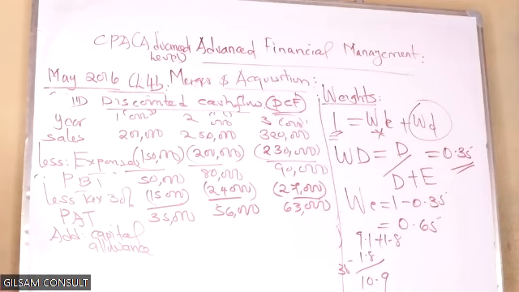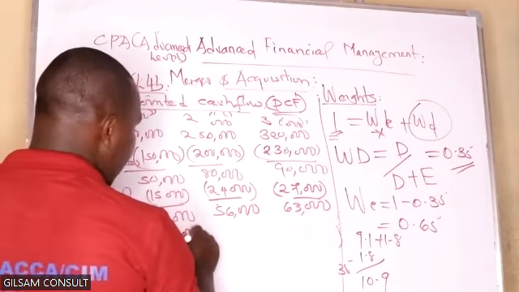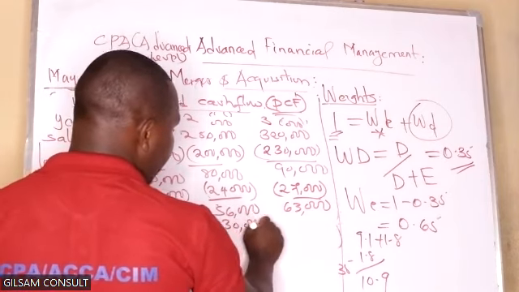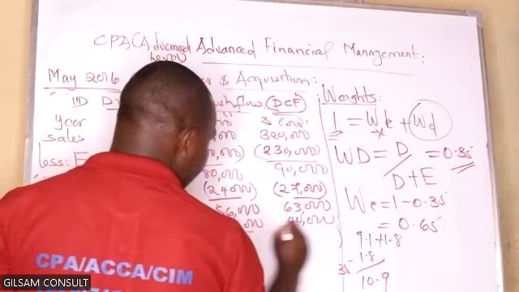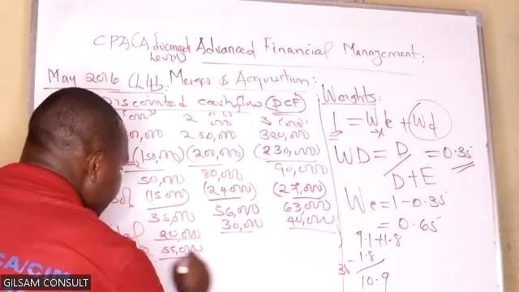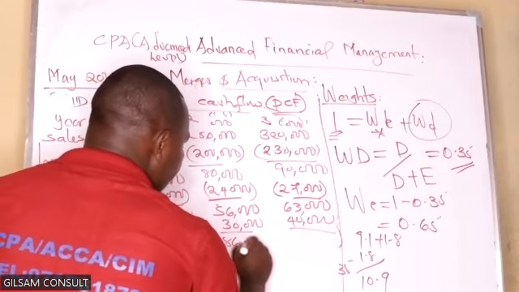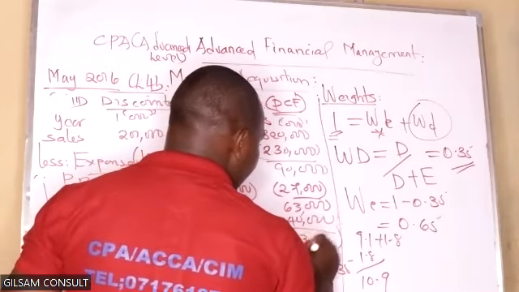We have 20,000, we have 30,000, we have 40,000. If you add this, we get 55,000, 86,000, and 103,000.